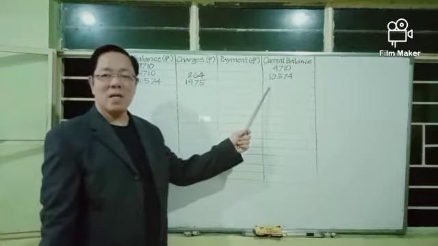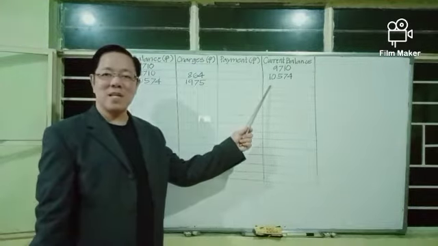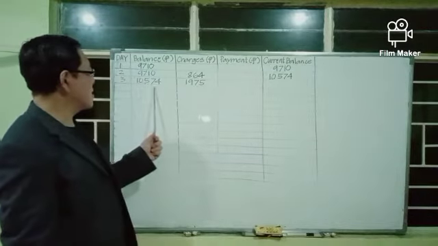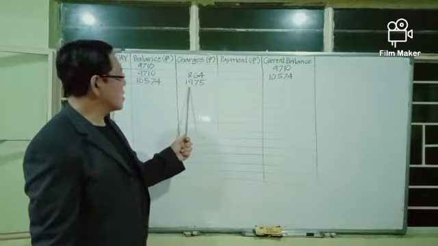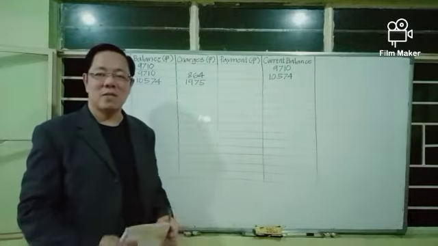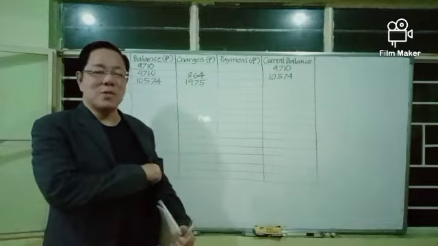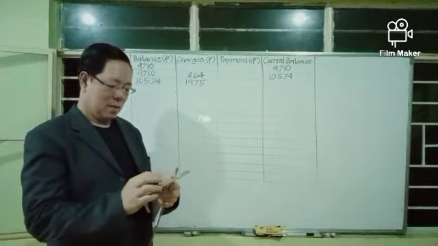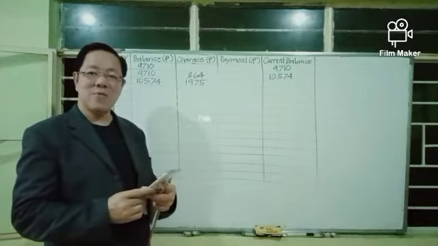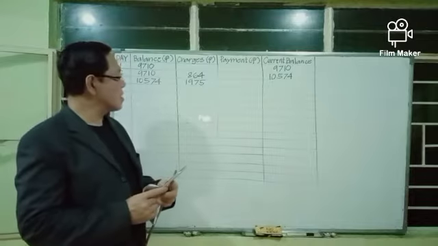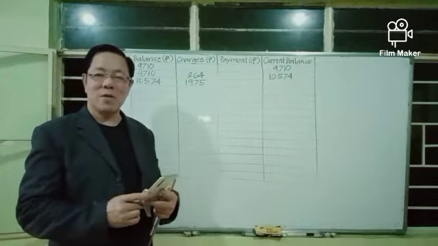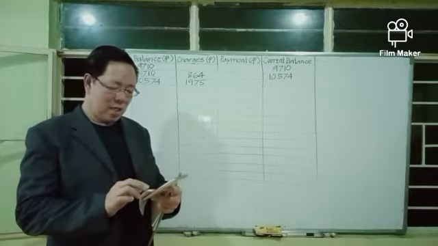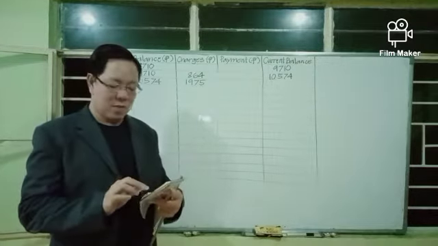So at the end of the third day of November, the current balance on the credit card of Ninya is 10,574 plus 1,975 pesos. You simply add that using your calculator. 10,574 pesos plus the charges on her credit card for the amount of 1,975 pesos.